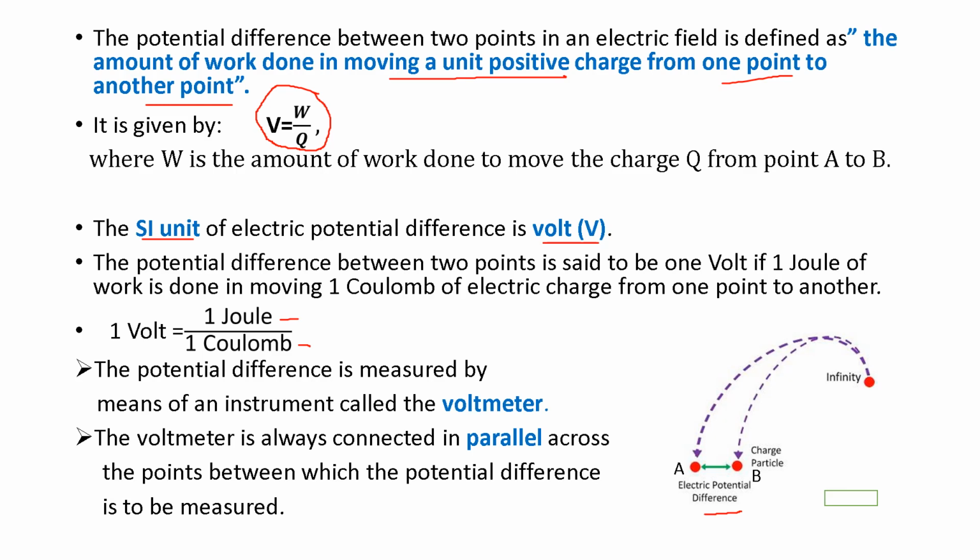In an electric circuit, it is measured by an instrument known as a voltmeter. Like the ammeter, which was used for measuring current in a circuit, there is a voltmeter which is used to measure the voltage, or the potential difference, between two given points. And this voltmeter is always connected in parallel across the points where we need to measure the potential difference.